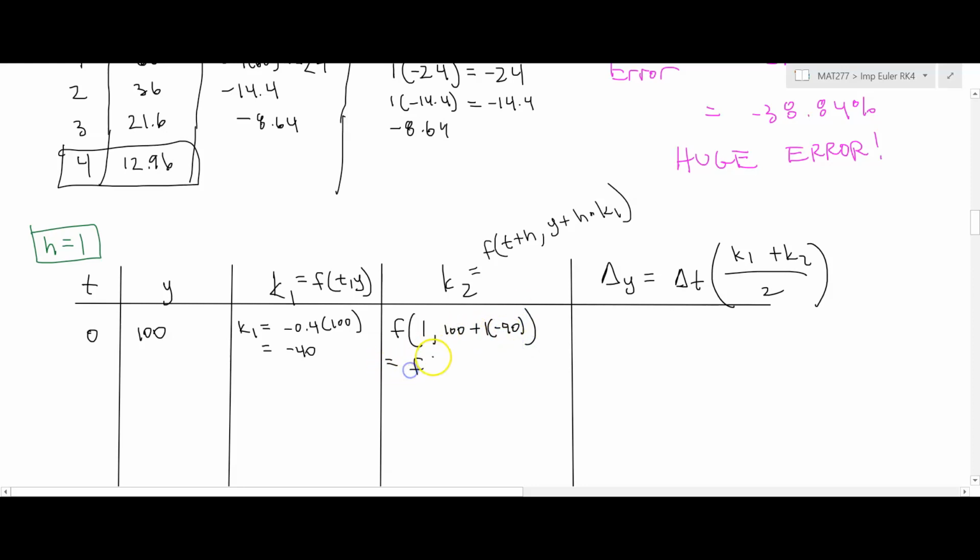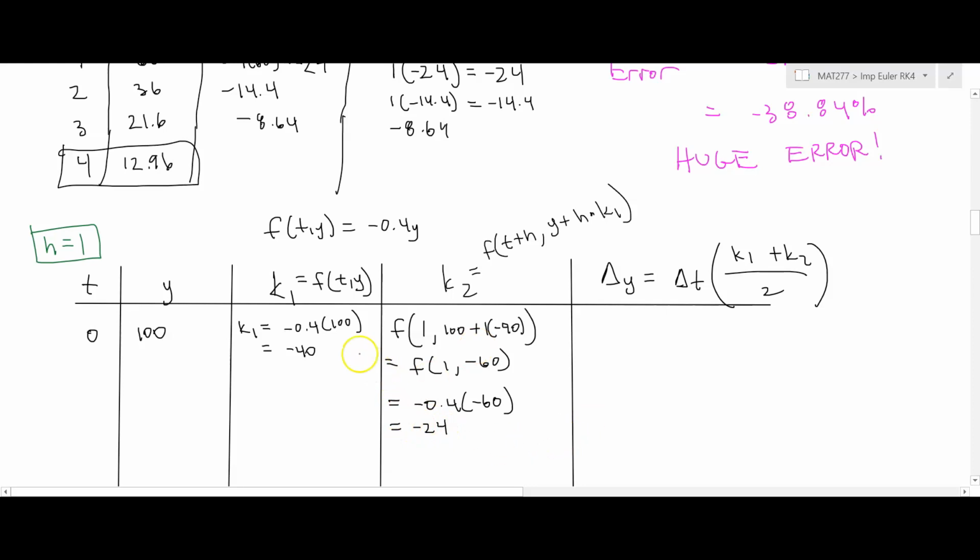We need to calculate f of 1 comma -60. In my differential equation, f of t and y is -0.4y, so all I need to do is take -0.4 of whatever the y value is, which is -60. Note that this differential equation is autonomous. It doesn't depend on the value of t, but if it did, we might need to insert that 1 somewhere. And -0.4 of -60 comes out to -24.